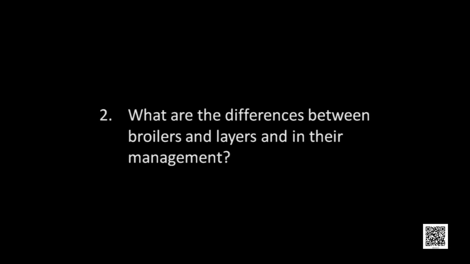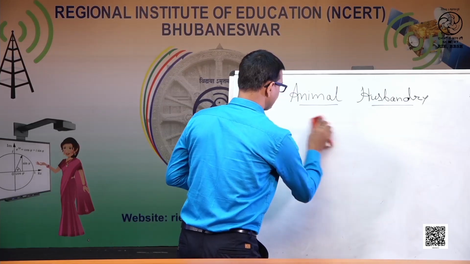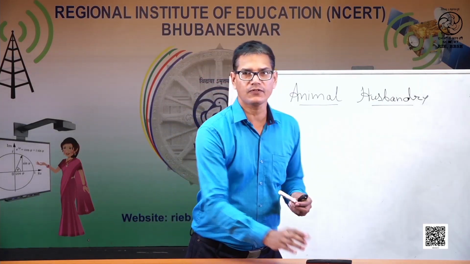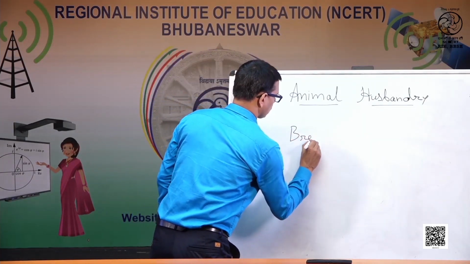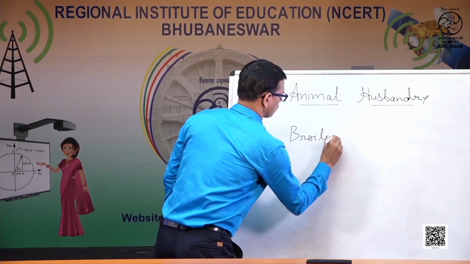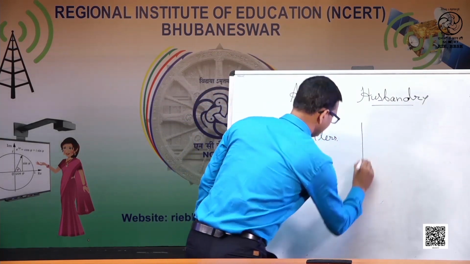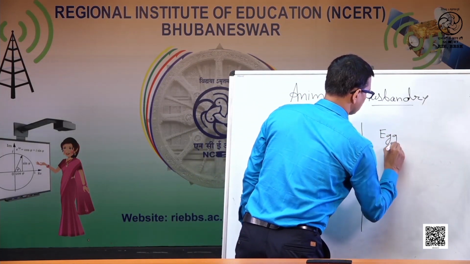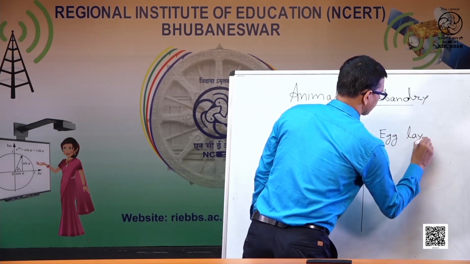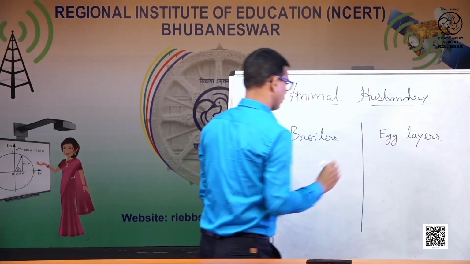Question number 2. What are the differences between broilers and egg layers and in their management? We had discussed it. Now, you can compare and answer it very easily. In the case of broilers, what is required, and in the case of egg layers, what is required.